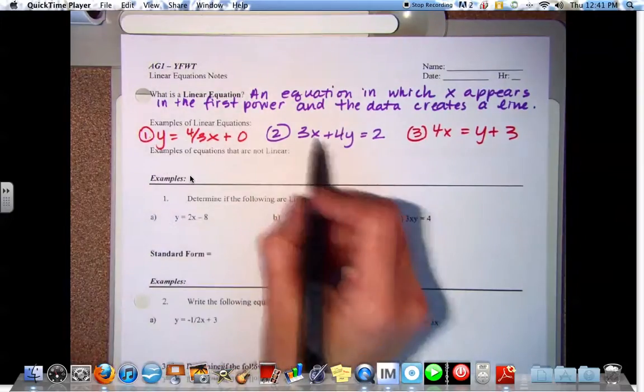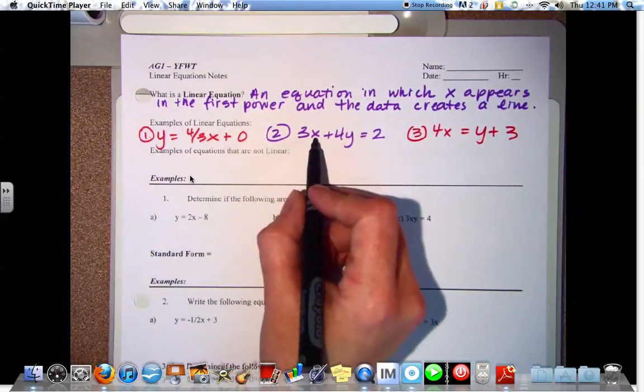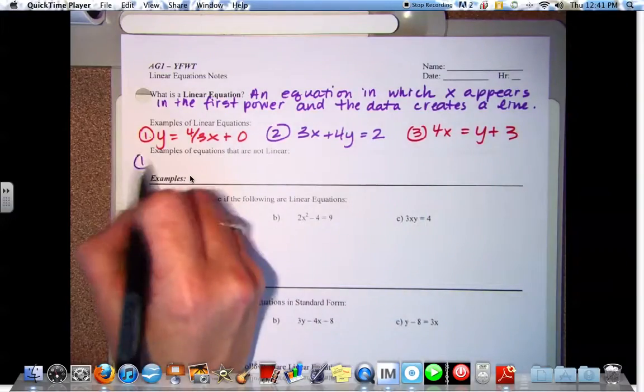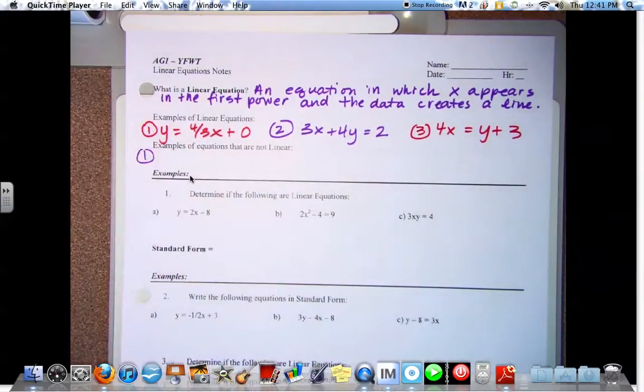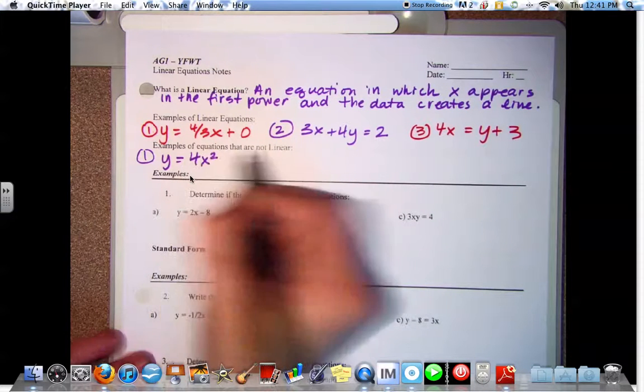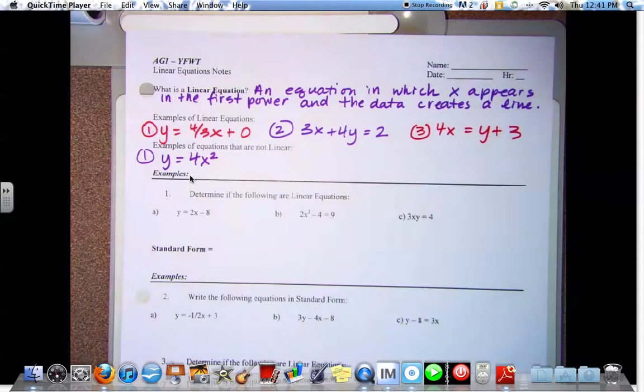So, if you notice, the x is just x, which means that it's in the first power. So, we could have an equation that looks like this: y equals 4x squared. This means that x is not in the first power, it's in the second power. It has an exponent of 2.